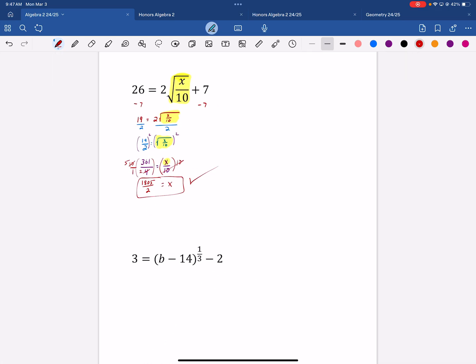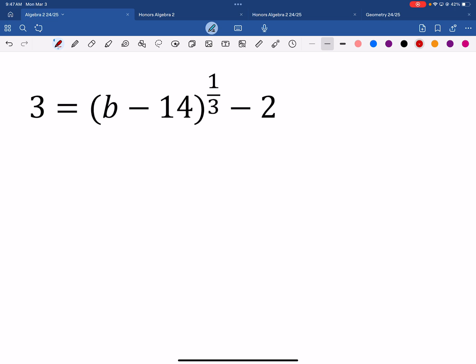Okay. What happens if you have something like this? So we have 3 is equal to b minus 14 to the 1/3 minus 2. So in this case, this right here, that's an exponential form.